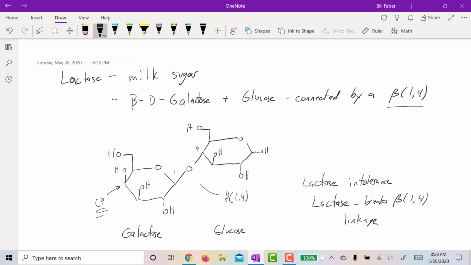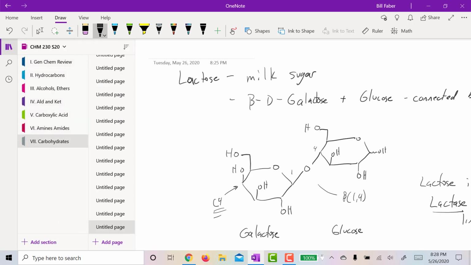And we all have it when we're children, like when we're newborns, because we can drink milk. And then as we get older, most people become lactose intolerant because they stop making this enzyme lactase. And there are many people who can still drink it as an adult. Just most of the people in the world can't, because they stop expressing that.